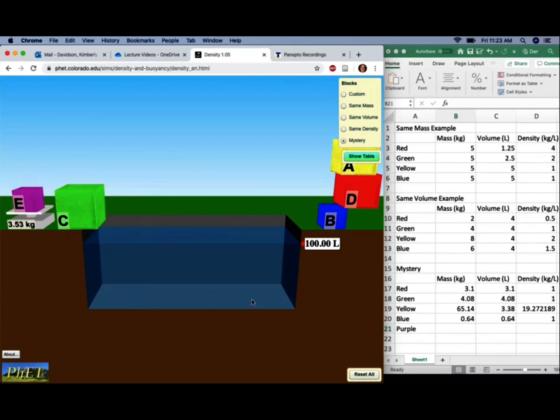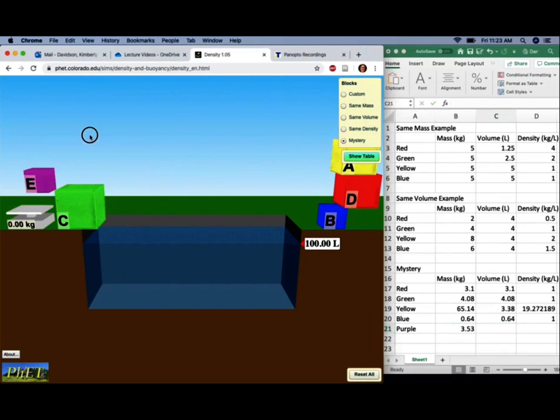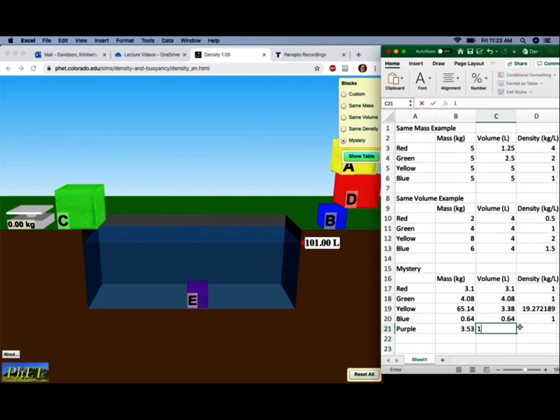So we're going to measure the mass. And its mass is 3.53. And its volume is 1. Okay, so then the density of the purple cube is 3.53.